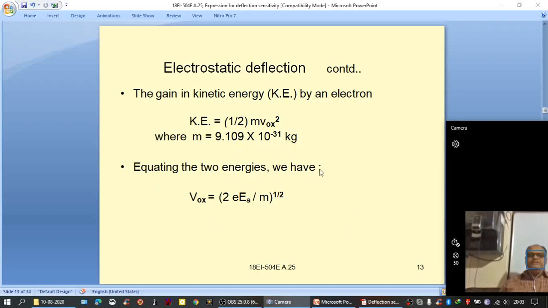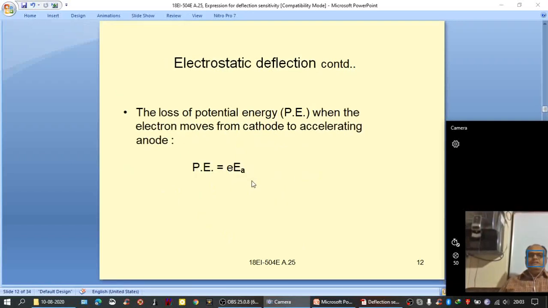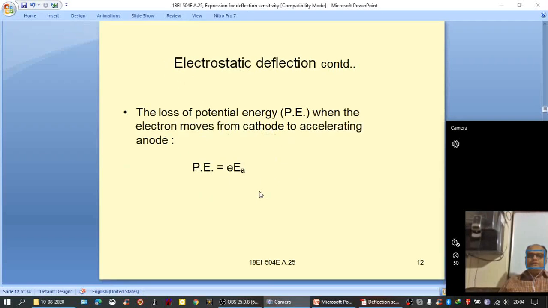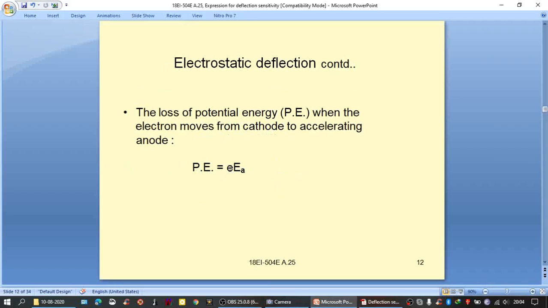Now, equating these two energies, that is, potential energy is equal to kinetic energy, that means E EA is equal to half m Vox square. Now, equating these two, let me write it here.